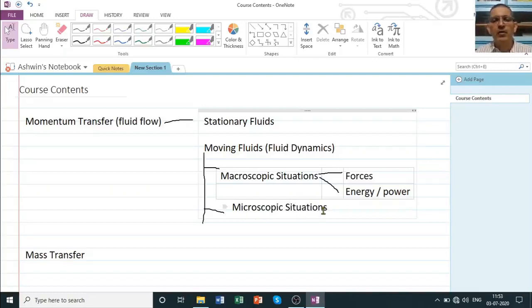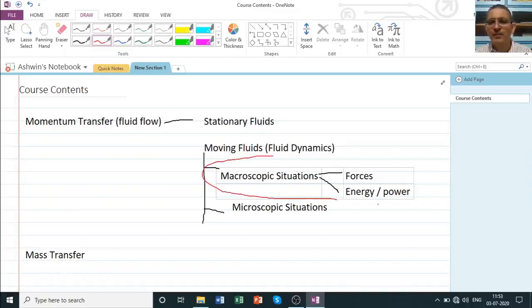And the microscopic situations we will talk about much later. Essentially, if you would like to categorize large scale phenomena versus small scale phenomena.